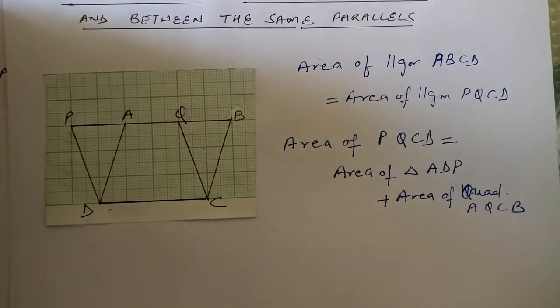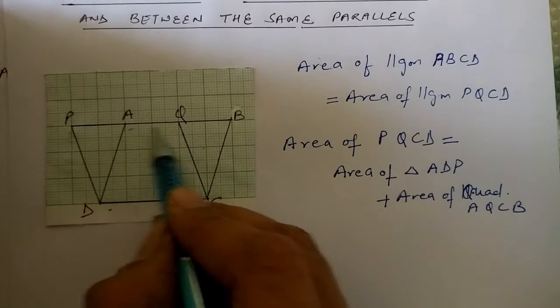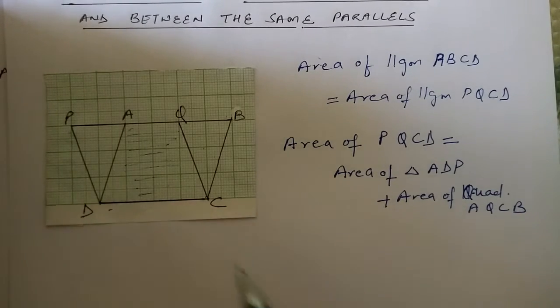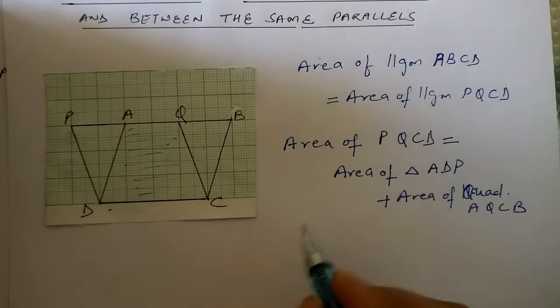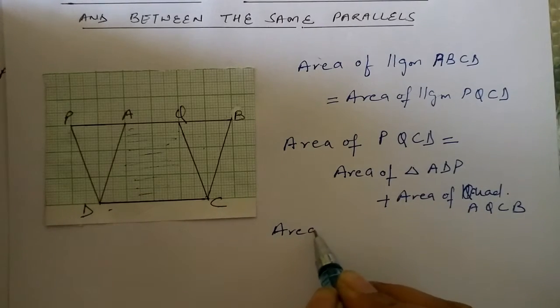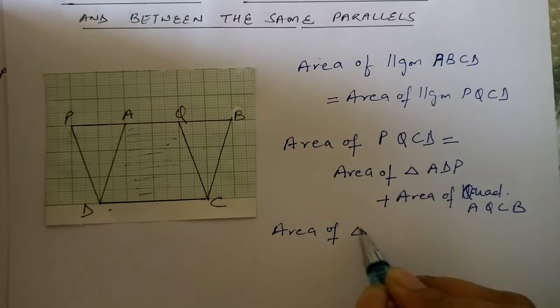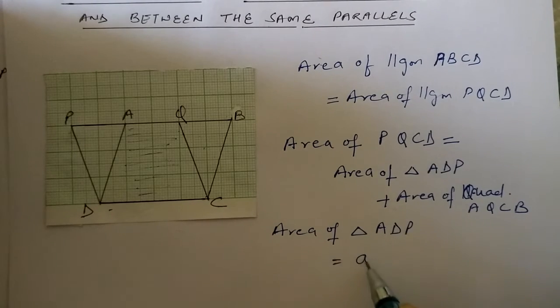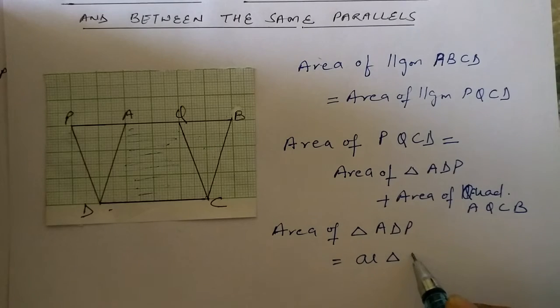Now here I'm talking of this quadrilateral. Now if you see, area of triangle ADP is equal to area of triangle BCQ.